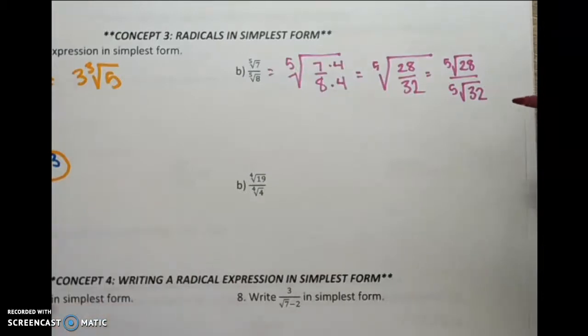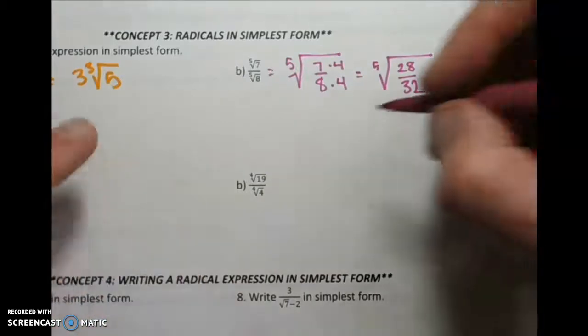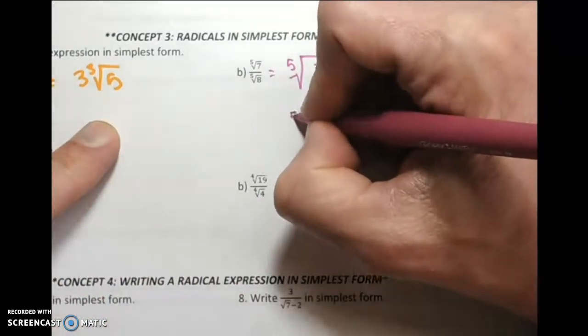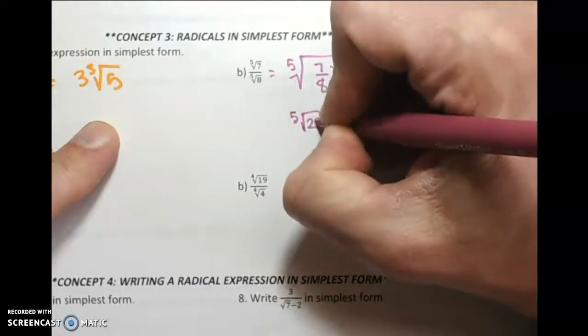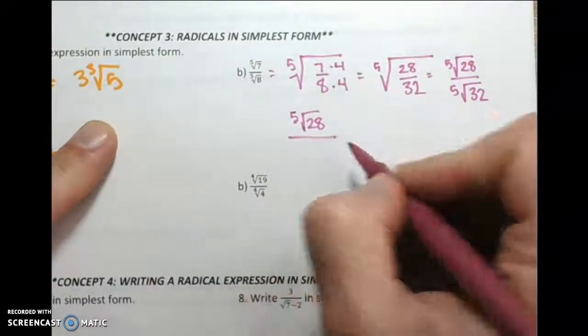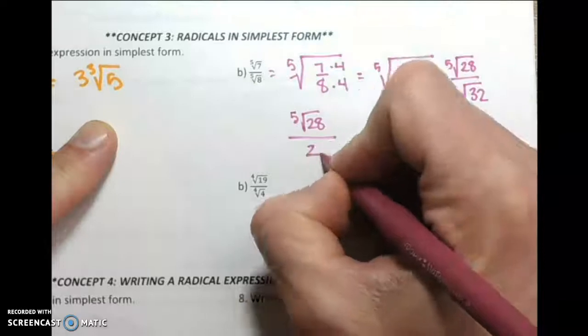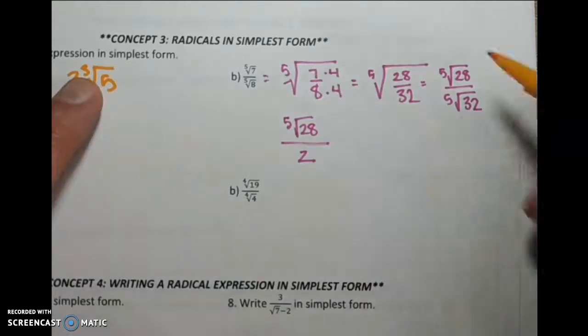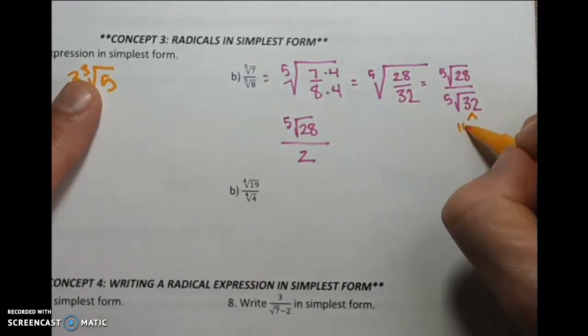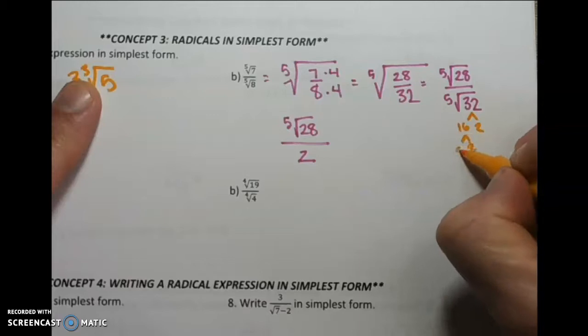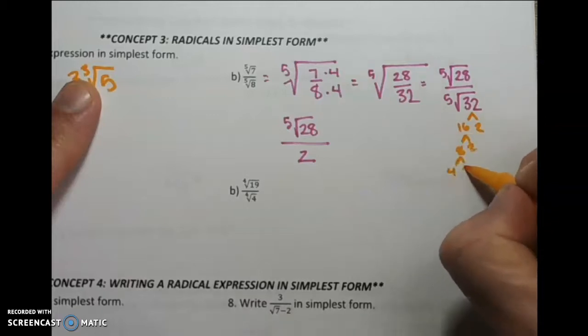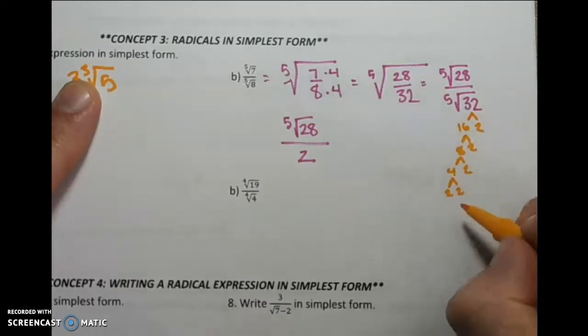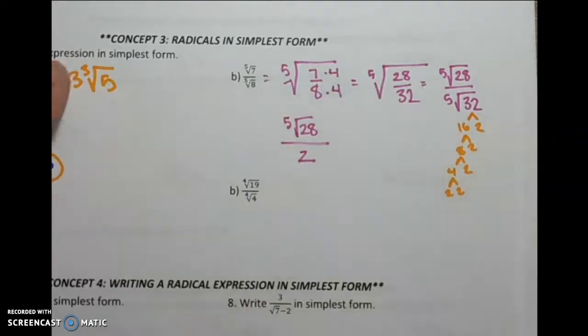So when I continue this problem, the 5th root of 28 stays there. I don't have 5 of a kind there, but I do have 5 2s here, so I can pull out the 2. Okay. Real quick, 16 times 2, 2 times 8, 4 times 2, and 2 times 2. 1, 2, 3, 4, 5. 5 2s.